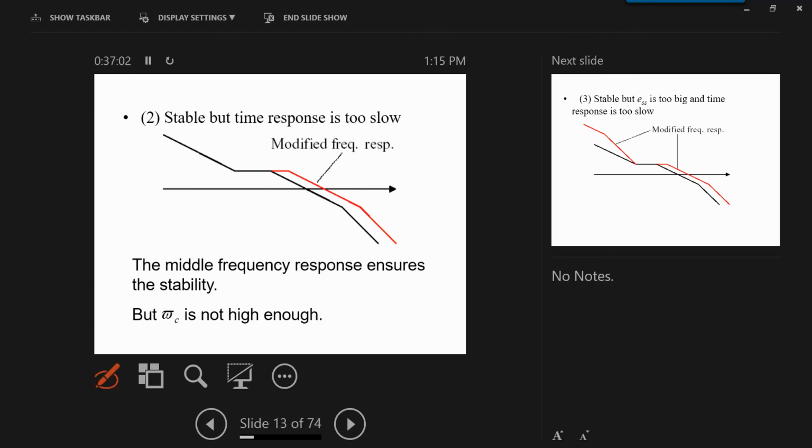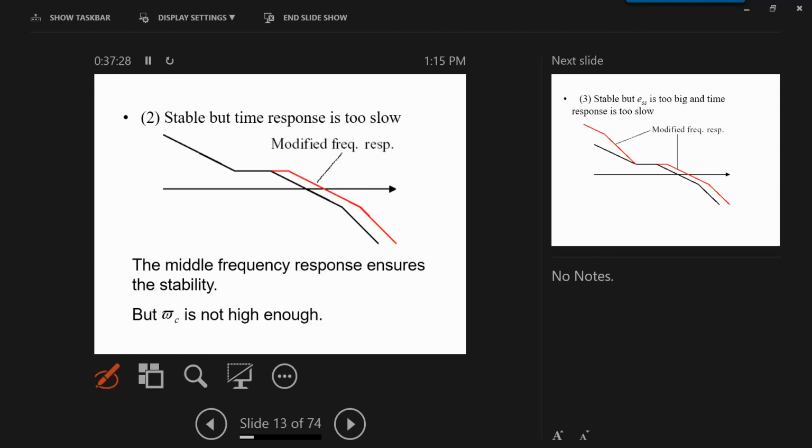So we are increasing the bandwidth frequency, and if we think of the bandwidth frequency in the time domain, when we want to increase the speed of response, it is the rise time, which is approximately 2 over omega n, right?